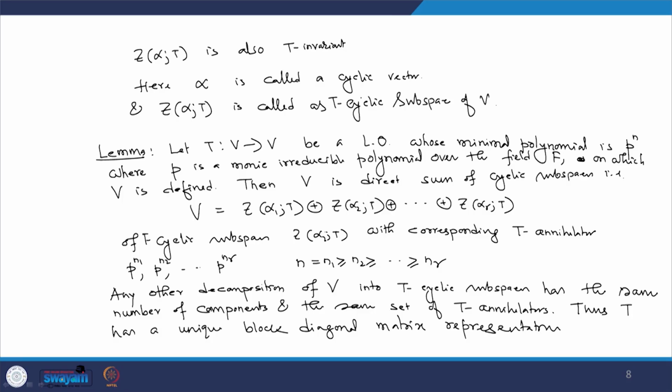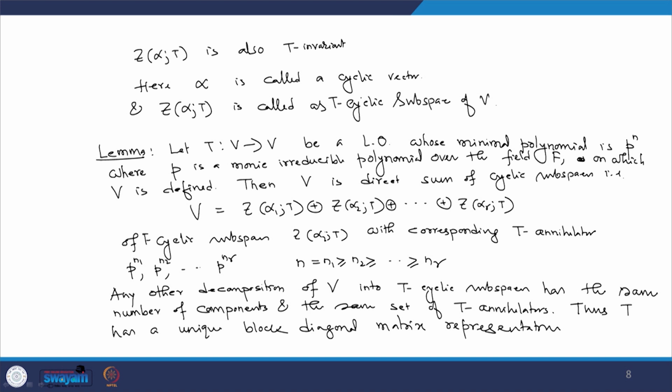This result, in terms of a lemma, says this: say T is a linear operator from V to V, where the minimal polynomial of the operator T is p to the power n, and p is a monic irreducible polynomial over the field F on which V is defined.